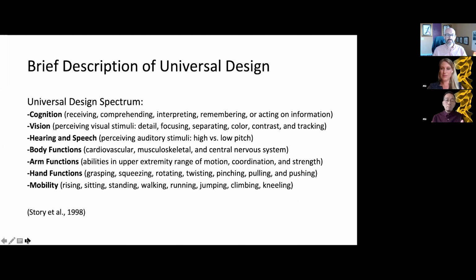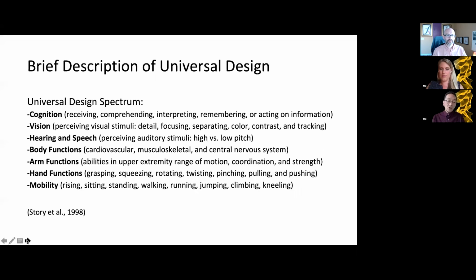There is a spectrum under which universal design falls, and anyone practicing universal design should take into account these 7 levels of ability. That would be cognition: receiving, comprehending, interpreting, remembering, or acting on information. There is vision: perceiving visual stimuli, detail, focusing, separating color, contrast, and tracking. Hearing and speech: perceiving auditory stimuli, high versus low pitch, for example.